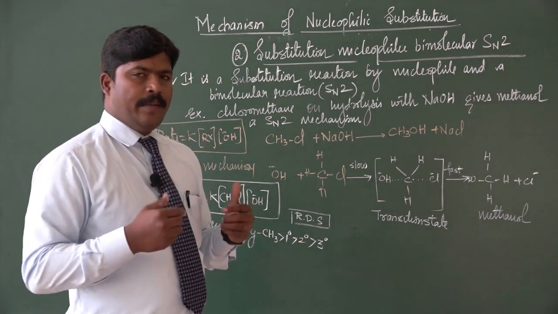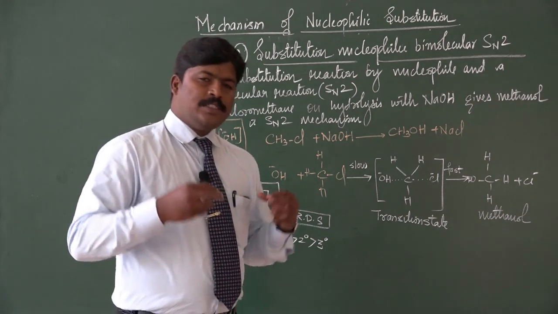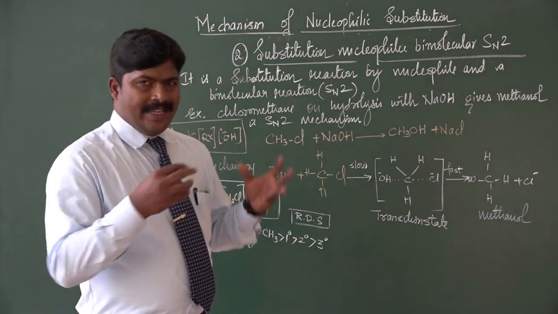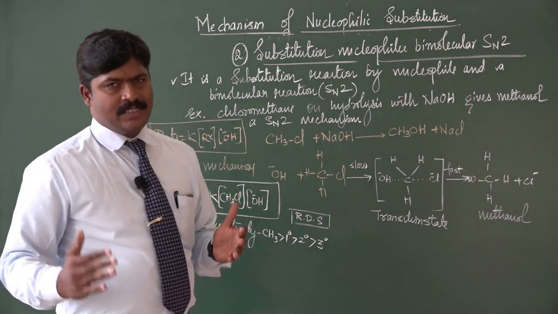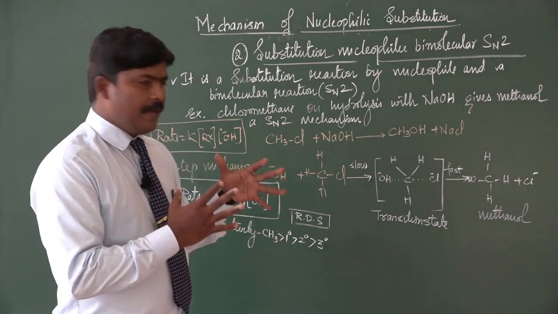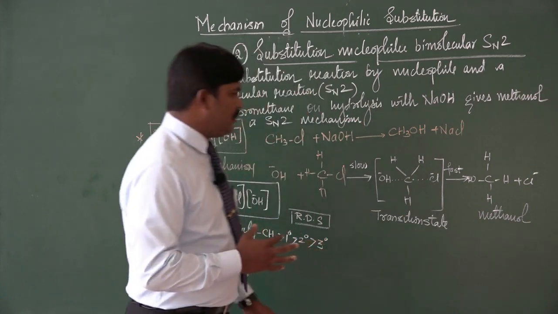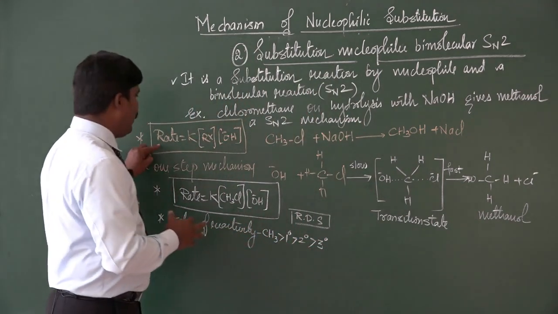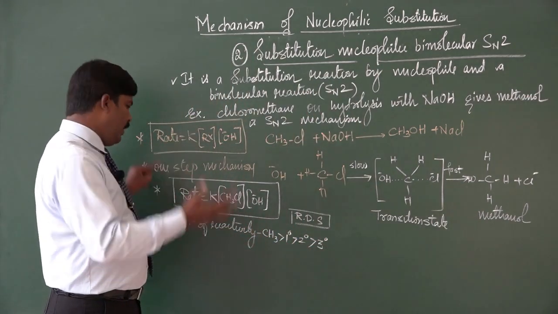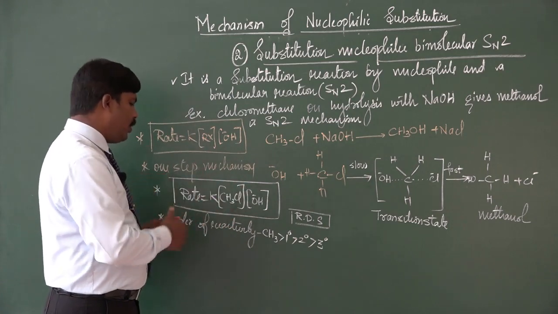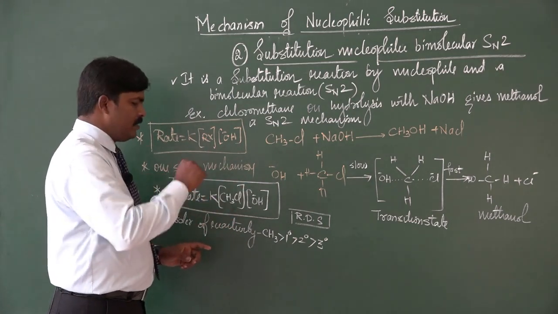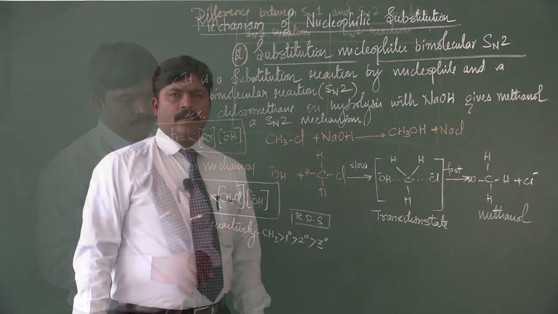Of course, I am not discussing the stereochemical aspect of the SN2 mechanism, which I will discuss after optical activity. What has happened here is the OH has bonded with carbon, giving methanol and Cl minus. Therefore, the rate is decided by both, and it is a one-step mechanism. The order of reactivity is methyl, primary, secondary and tertiary.